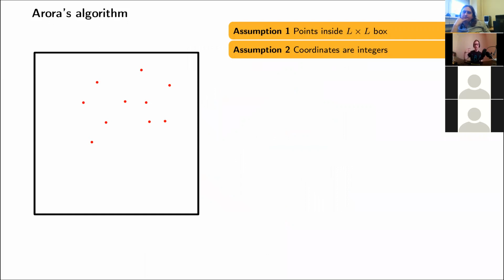We have two assumptions that are very easy to enforce. The first assumption is that the points are inside an L by L box, and the second is that all the coordinates of the points are integers.